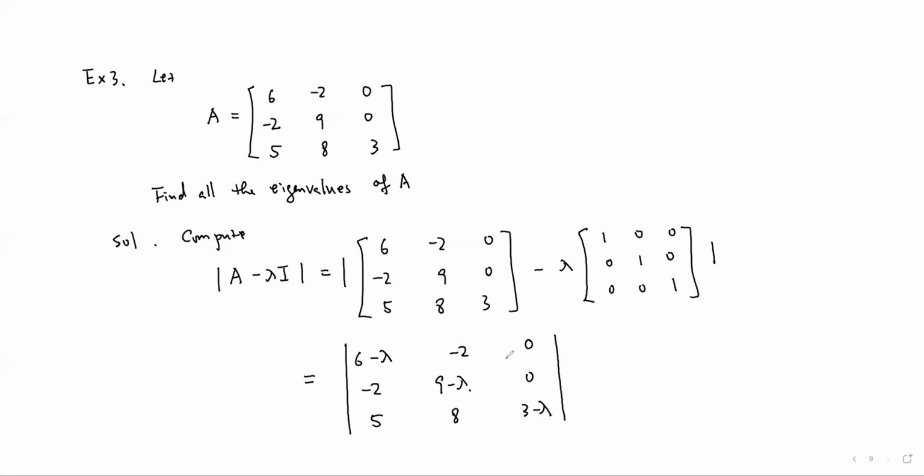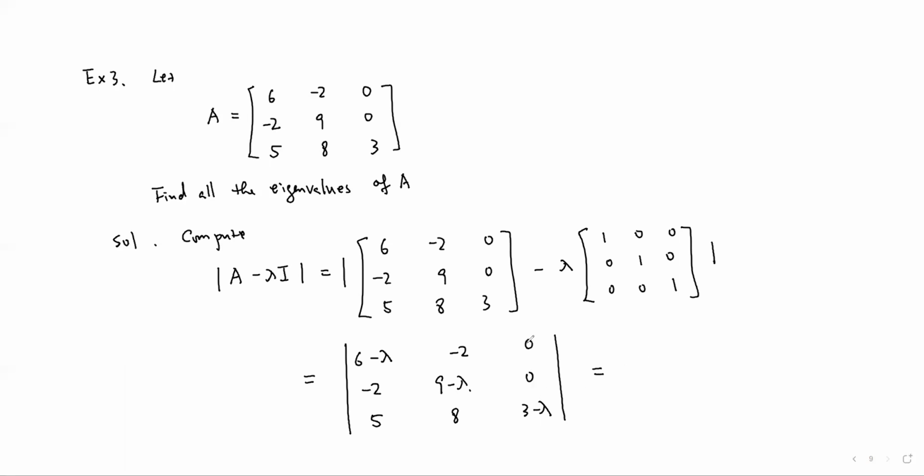How do you see? Expand this determinant by cofactor expansion. Let me pick the third column, because the third column has the most zeros. Save my work. I expand this determinant across the third column.